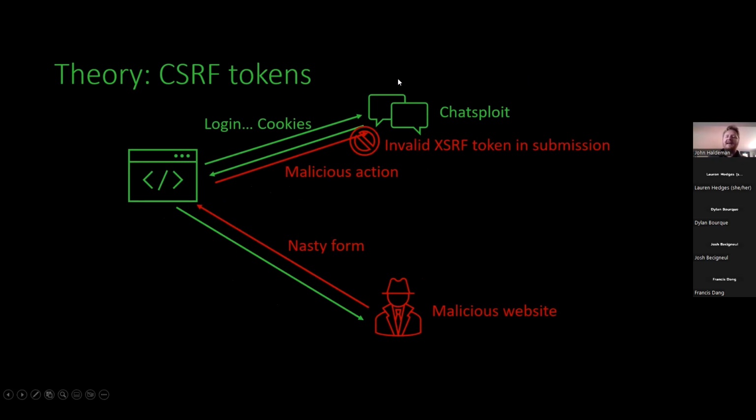But then the back end in Chatsploit says, oh, that malicious action that you got from the malicious website doesn't have a special thing that I generate for my users when they log in or when they're about to perform an action. It doesn't have that special string.